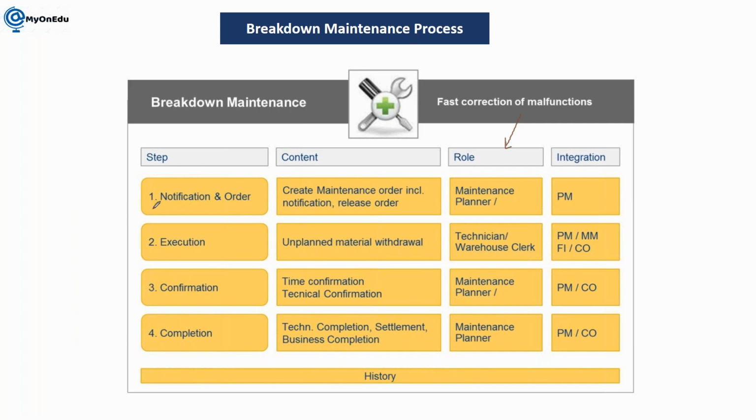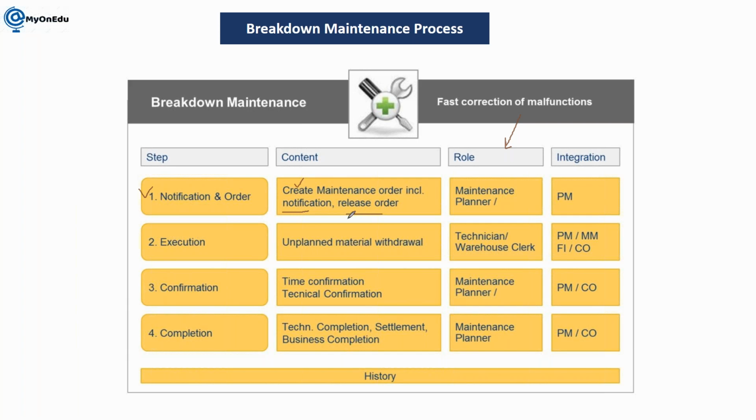So here the first step is notification and order. This is create maintenance order, including notification or release order. In SAP plant maintenance, we are having a process where we can create a notification first, then with reference to the notification, we can create an order, or we can directly create an order. And whenever we are creating an order directly, at the same time the notification will also be created.